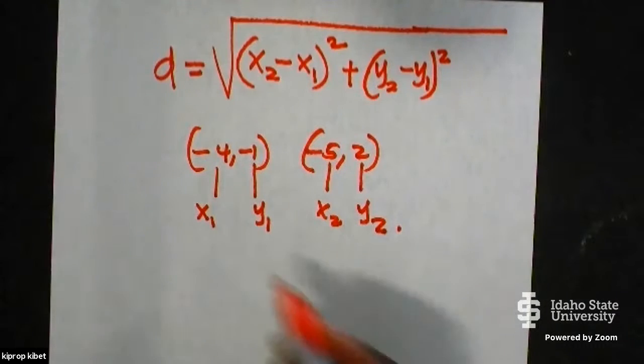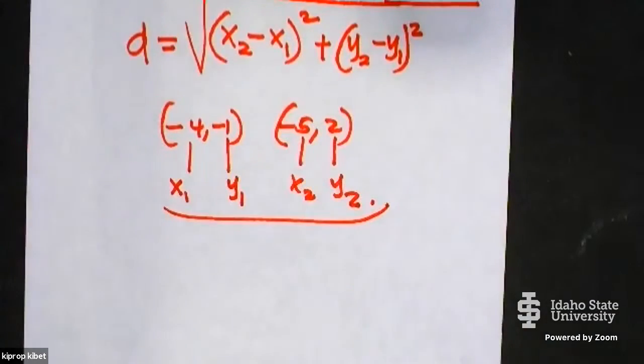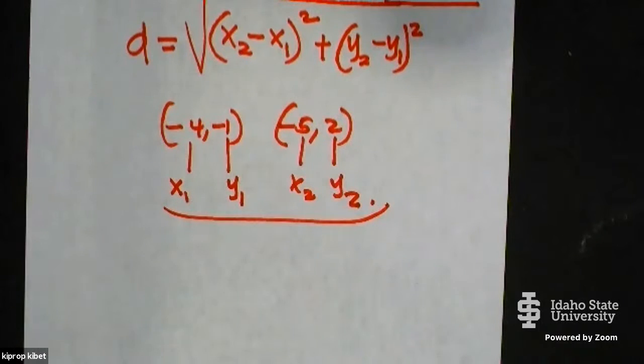So you now substitute these values into that equation. Then, I think you were asked to round your answer to the nearest tens.